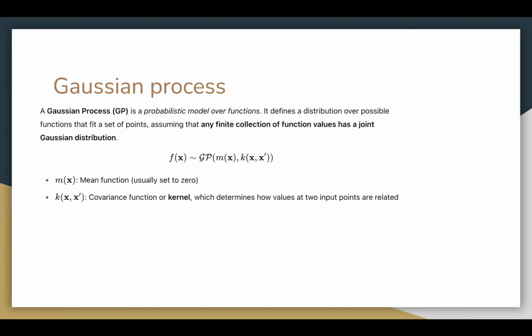Okay. So I just gave a quick explanation of the Gaussian process. I think I should put it earlier. A Gaussian process is a probability model over functions. It defines a distribution over possible functions at a fixed set of points, assuming that any finite collection of function values has a joint Gaussian distribution. I don't know if I can explain it more simply.